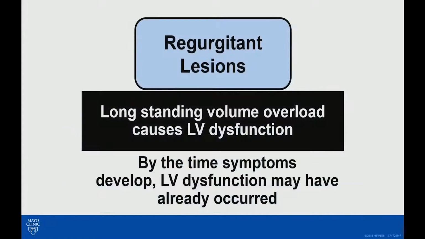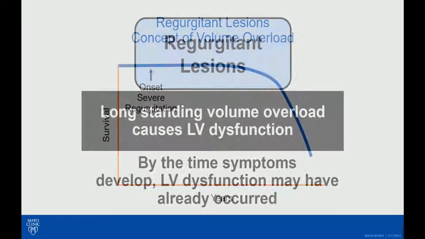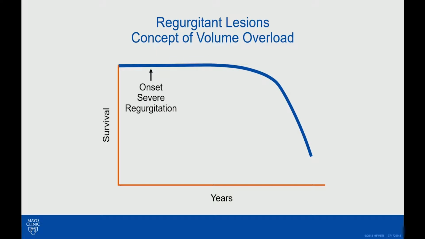With both aortic and mitral, as well as tricuspid regurgitation, these long-standing volume overload conditions can cause LV dysfunction that precedes the onset of symptoms, which is why it's so important to follow these. These are more deleterious to the ventricles than the stenosis was. So similar to the aortic stenosis natural history curve, this is kind of the natural history curve of someone with a regurgitant lesion.